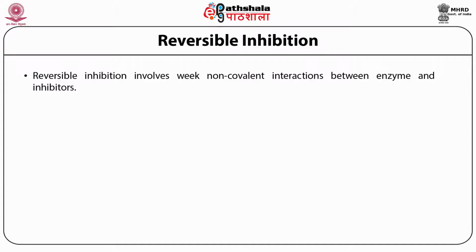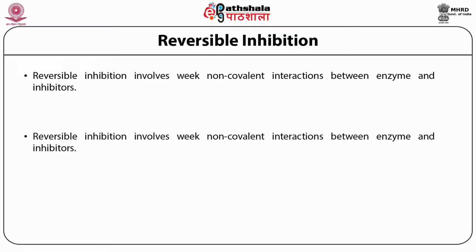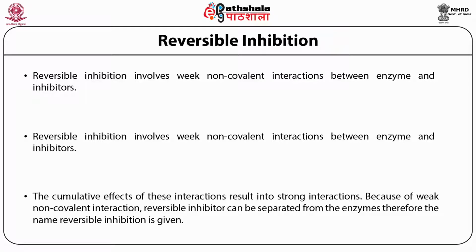Therefore, most of the interaction taking place between a reversible inhibitor and enzyme is governed by weak non-covalent interactions, which include hydrogen bonding, hydrophobic interaction, van der Waals forces, and salt bridges. So the cumulative effect of these interactions results in a strong interaction. But because these are weak reversible interactions, you can reverse the process of inhibition.